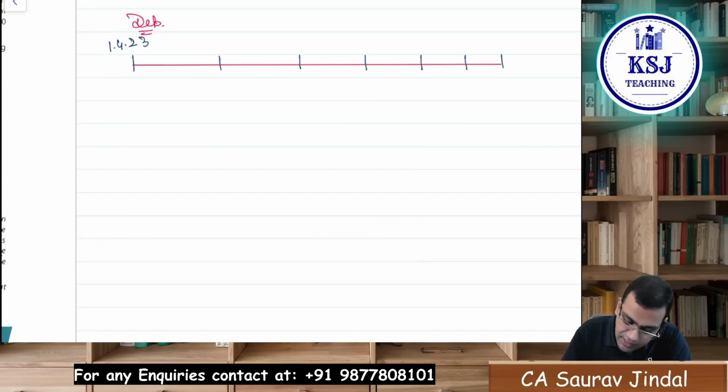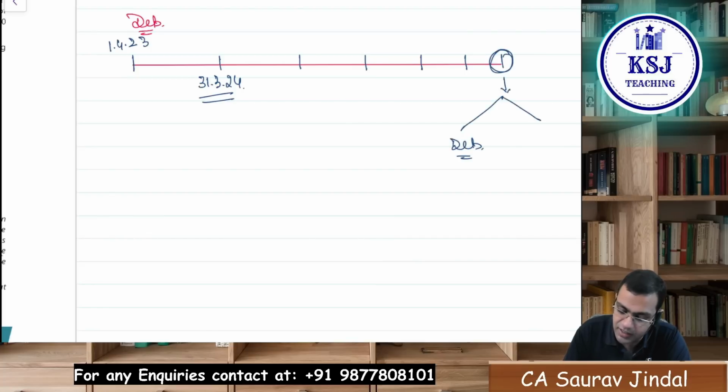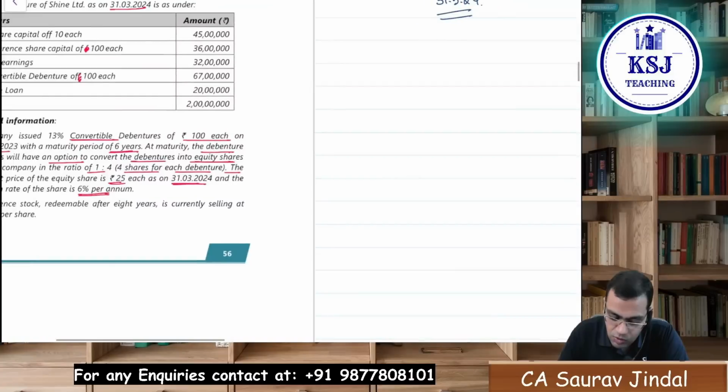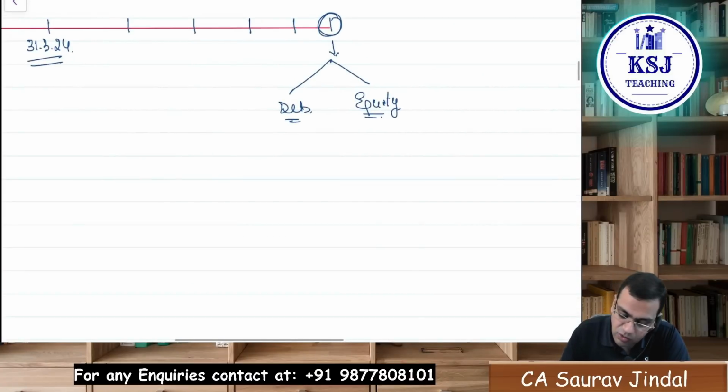Now, there is another important date, that is 31st of March 24. Here the person will have an option either to get the debenture back or to get equity shares, right? Now, we need to find out what will be the value of equity share here.